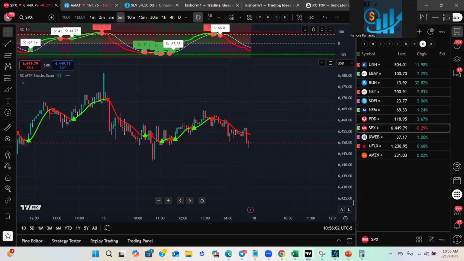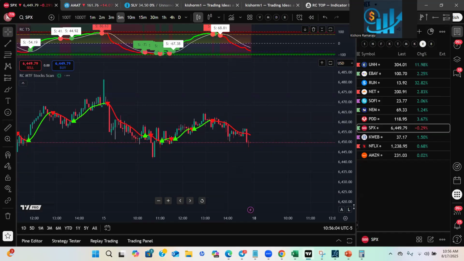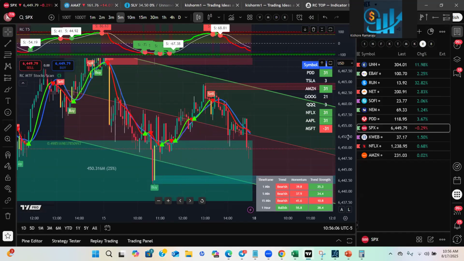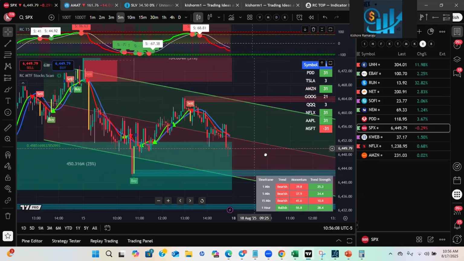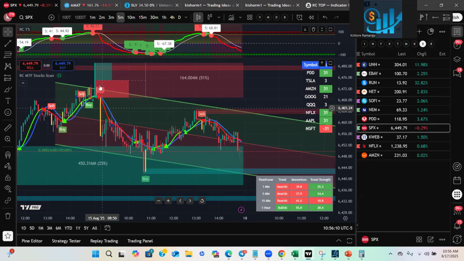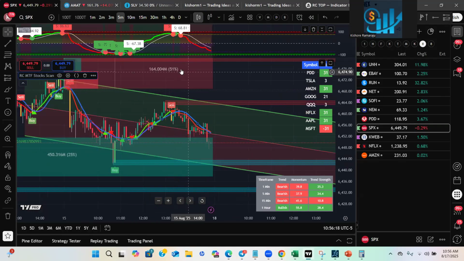For example, let us take an SPX example. On Friday, initially it was very bearish. It came all the way down, and then there were a lot of buyers here. And you see there are a lot of sellers here. So one thing is you can directly buy SPX calls here.